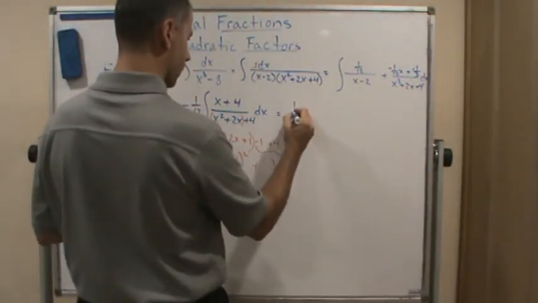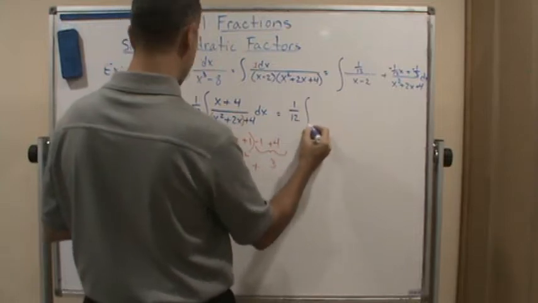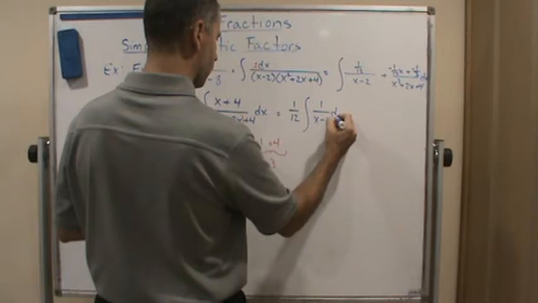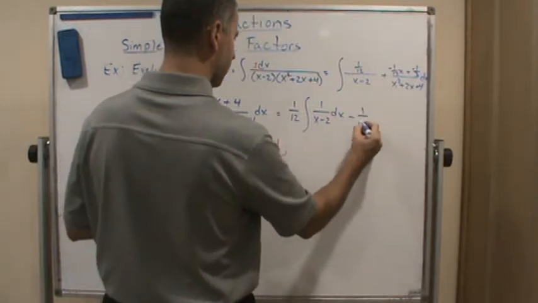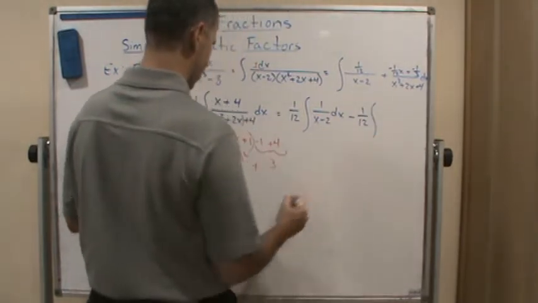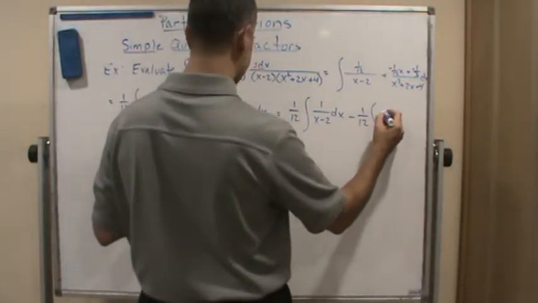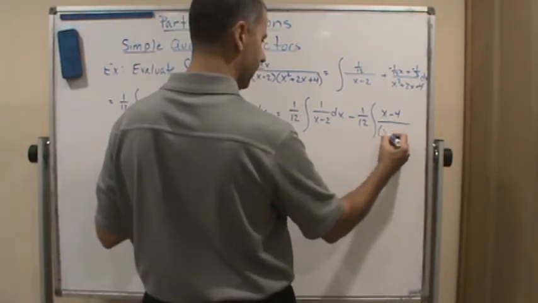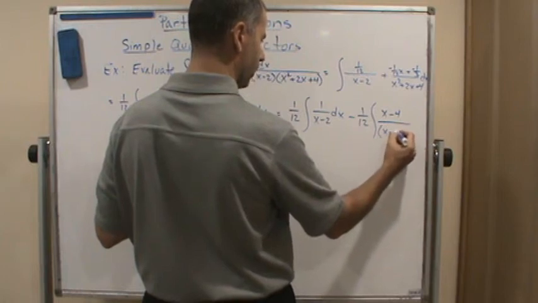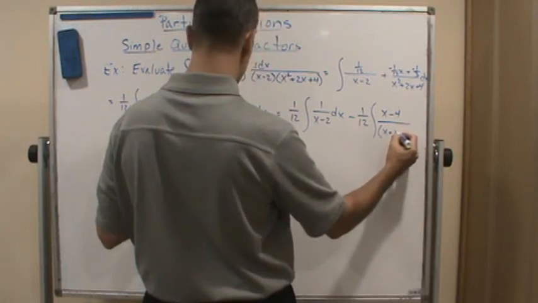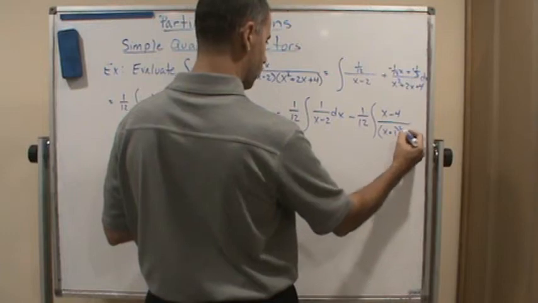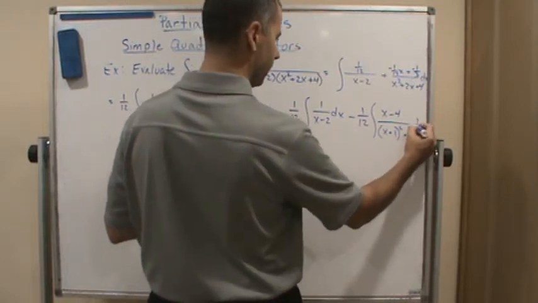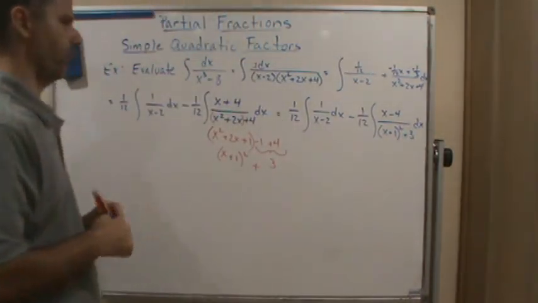I'm going to get 1/12, the integral of 1 over x minus 2 dx, minus 1/12, and now I'm going to write this as x plus 4 over the quantity x plus 1 squared plus 3 dx.